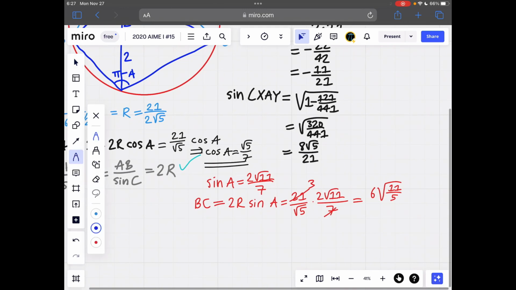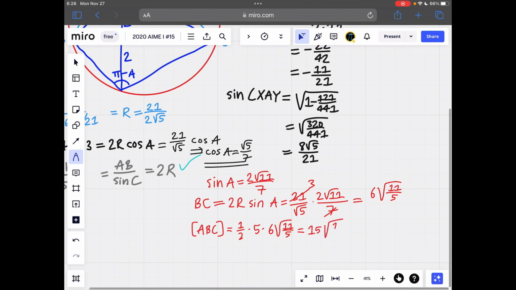And we know that BC is equal to 6 times the square root of 11 over 5. So the area of triangle ABC is 1/2 times A altitude times 6 root 11 over 5. This is equal to 1/2 times 5 times 6 is 1/2 of 30, and that's 15, times the square root of 11 over 5. And this is equal to 3 root 55.